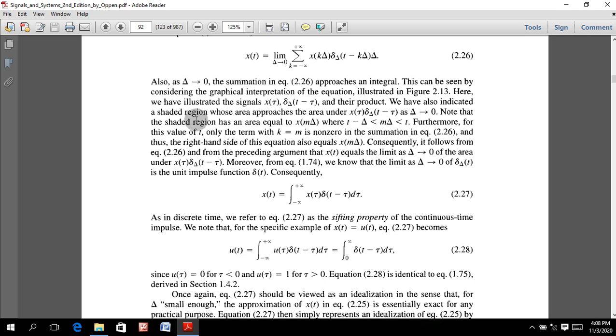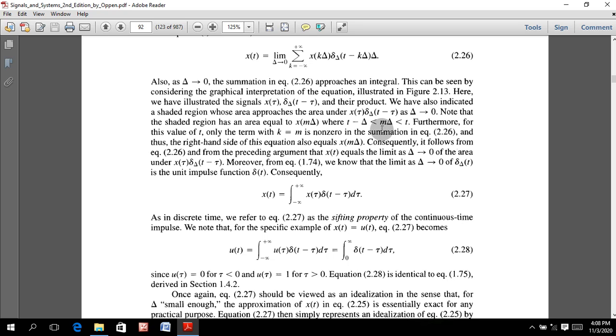We have also indicated a shaded region whose area approaches the area under x tau del of t minus tau as del tends to 0. Note that the shaded region has an area equal to x of m del, where m del is greater than or equal to t minus del but less than or equal to t. It basically provides us the span of del.